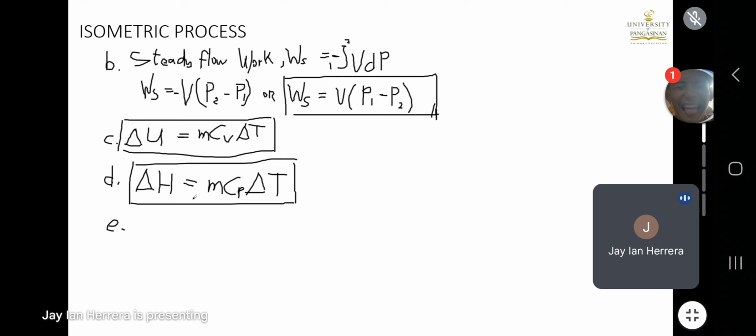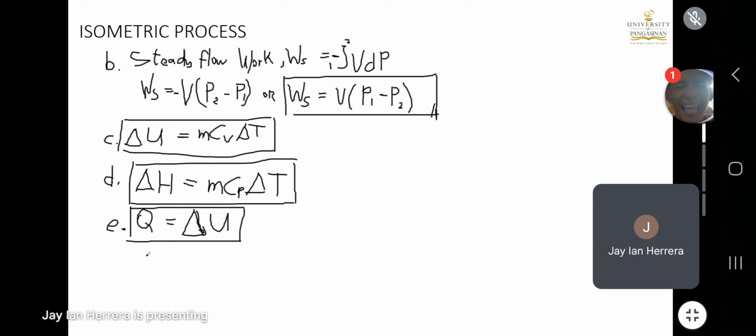Next is our heat transfer or heat or Q. So we can say that Q is delta U. From there, kasi, explain ko na, di ba?